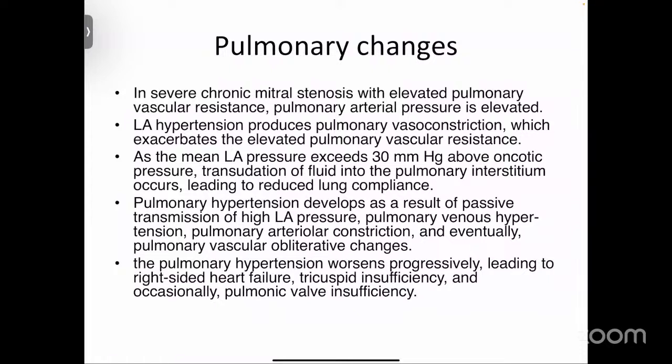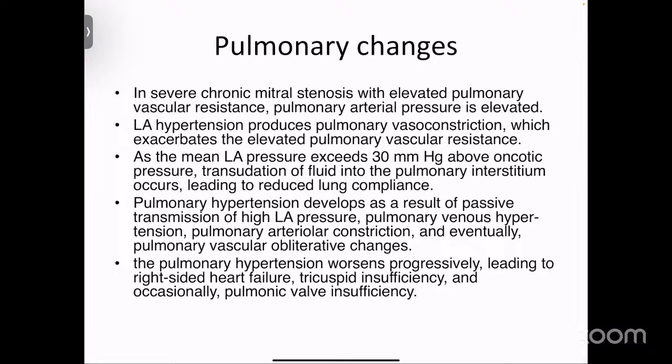Pulmonary vascular resistance may increase in patients with severe mitral stenosis. This increase may be the result of spasm in the arterioles, presumably a reflex from the left atrial enlargement and hypertension, as mentioned earlier.